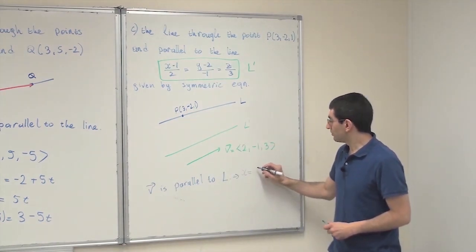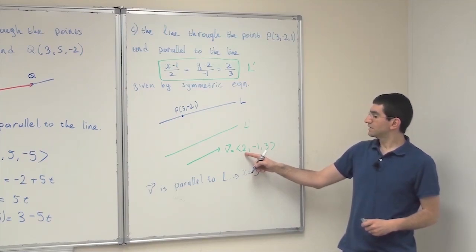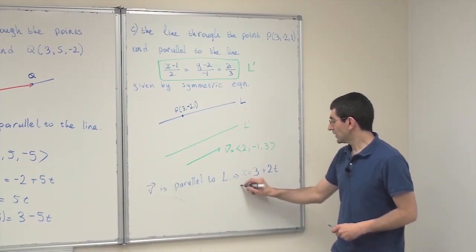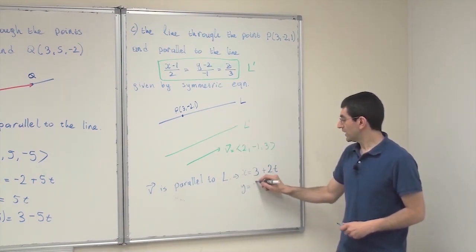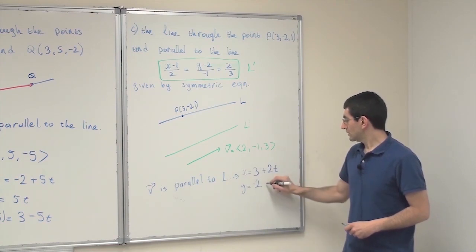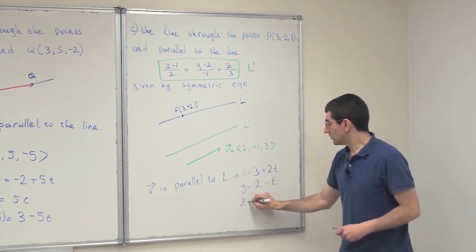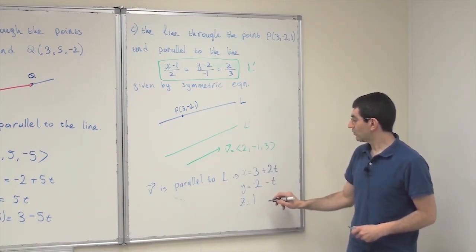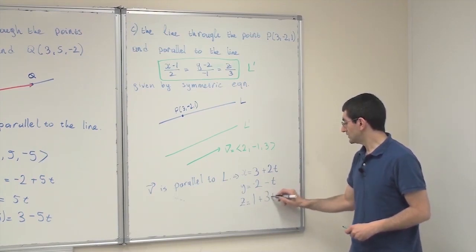The x component of the point, 3, and then the x component of the vector V, plus 2t. The equation of y: the y component of the point, minus 2, minus t. The equation of z: the z component of the point, 1, then plus 3t.